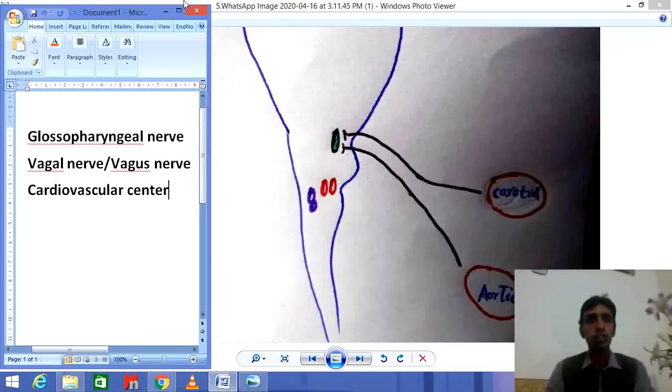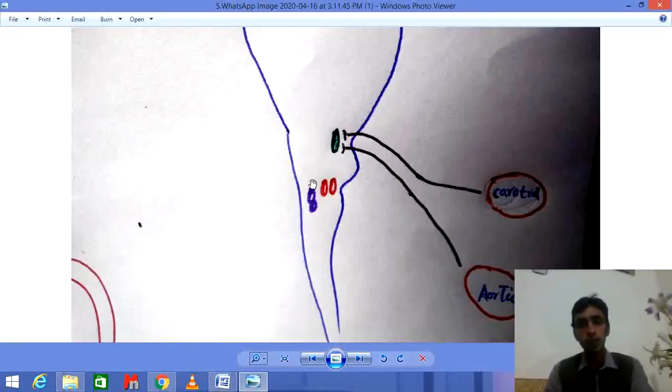This cardiovascular center is present in the medulla. Some part of this is also present in the pons, but you will write here that this is present in the medulla oblongata. So these 4 nucleuses combinedly make the cardiovascular center, which is present in the medulla oblongata.